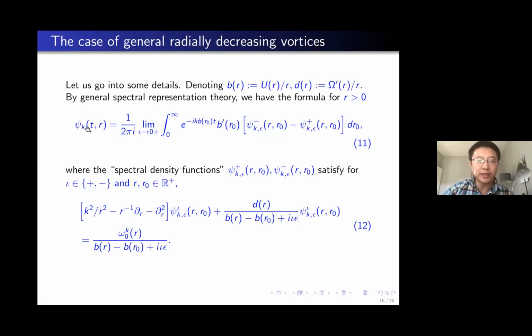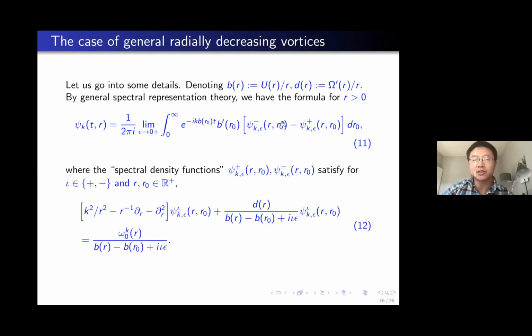So we can represent psi k, the k-th mode of the stream function, as this oscillatory integral, where these functions psi are what we call the spectral density functions. They depend both on the physical space variable R and the spectral parameter R naught.